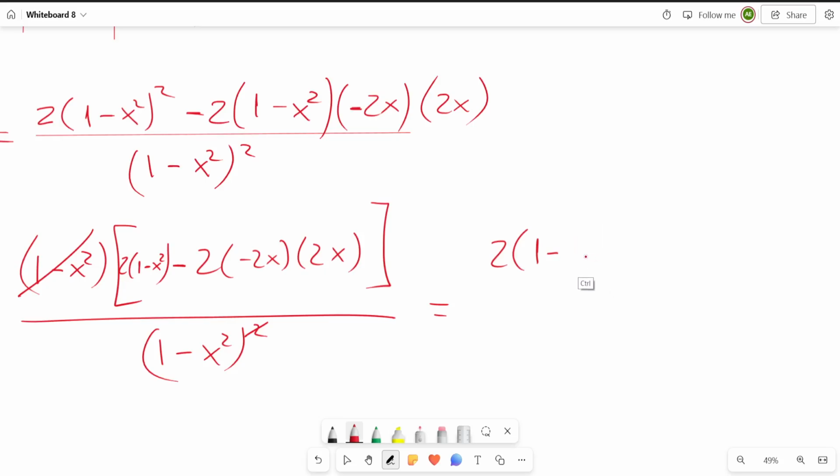Let's actually do that. So 2 times 1 is 2 minus 2x squared. And then minus 2, this is going to be plus plus. So it's the same as 2 times 2x, which is basically 4x, and 4x times 2x is plus 8x squared.